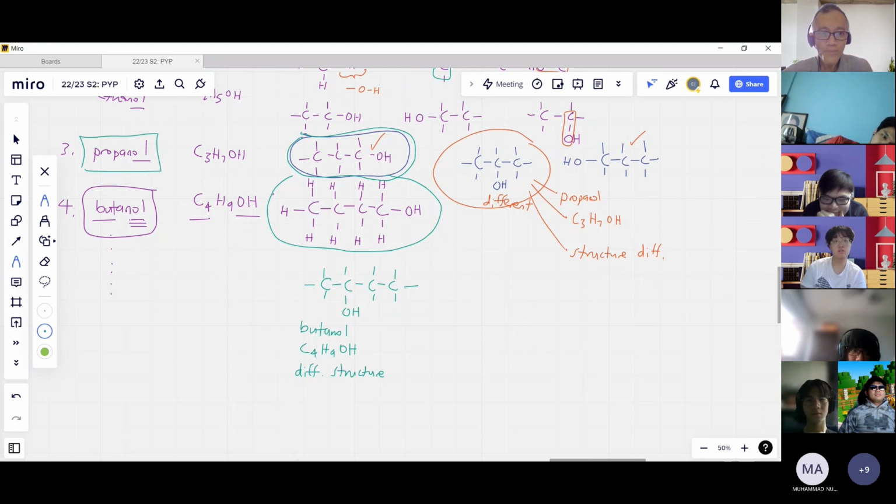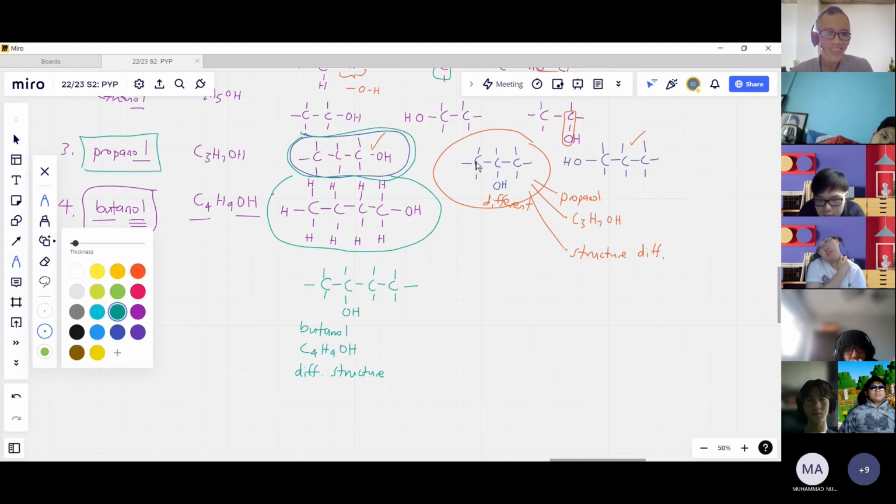In the end, the O is still bonded to the carbon, but it's bonded to the second carbon. There's no way you can get this one from this one. But it still obeys that carbon has 4 bonds. It obeys all the rules, just that the structure is different, that's all.